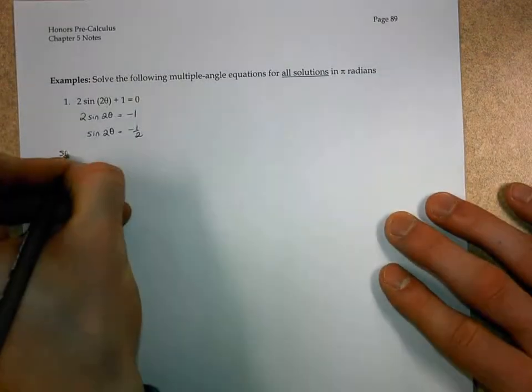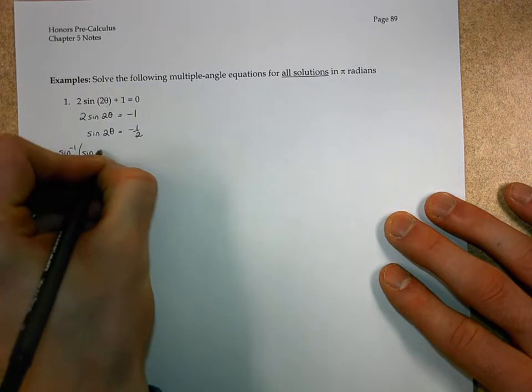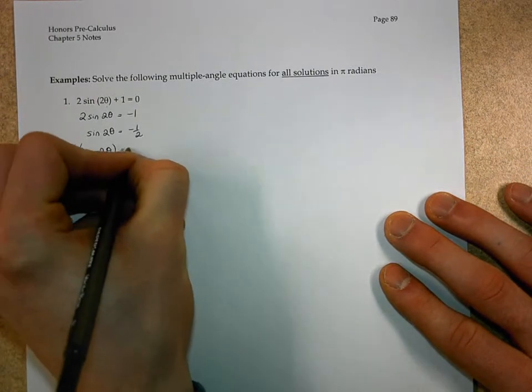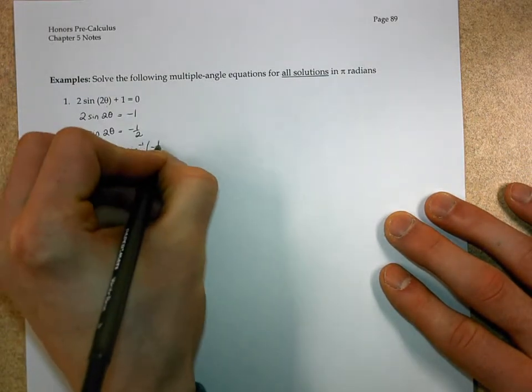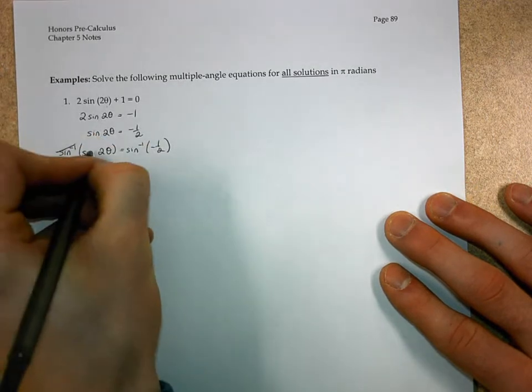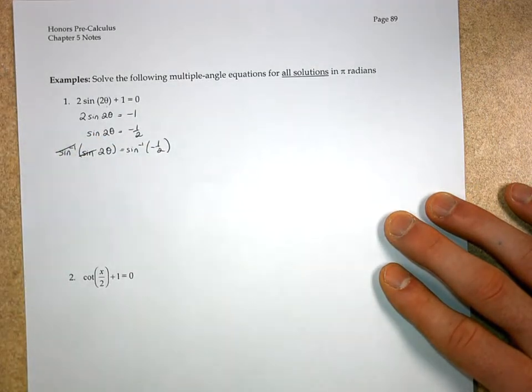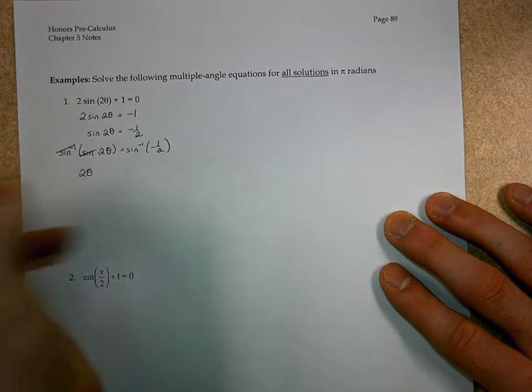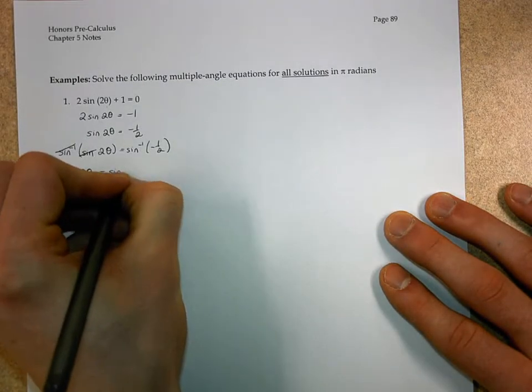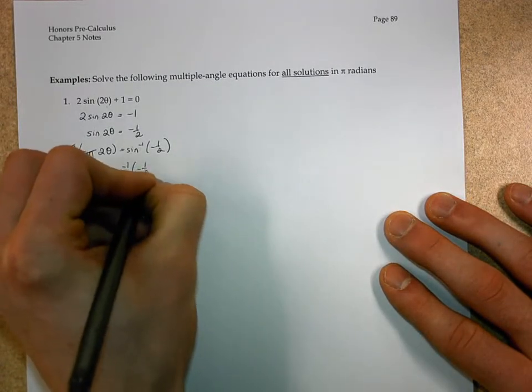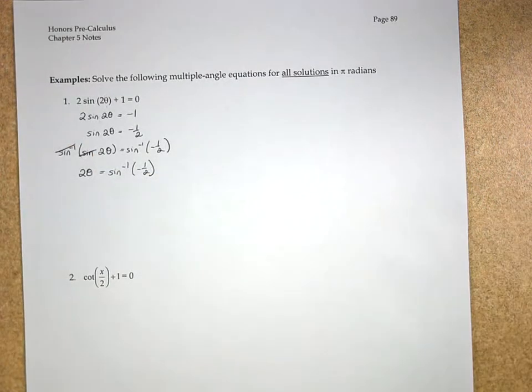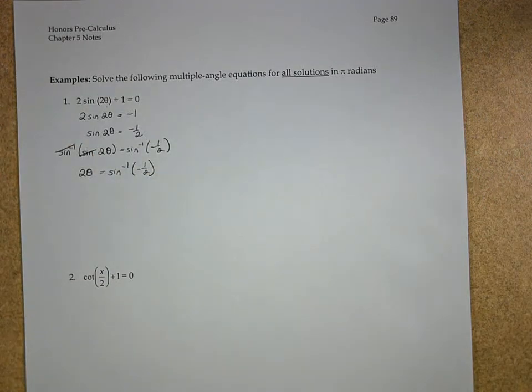We are going to take sine inverse to both sides, so that my sine and sine inverse cancel out. And so I'm left with 2 theta is equal to the sine inverse of negative 1/2.